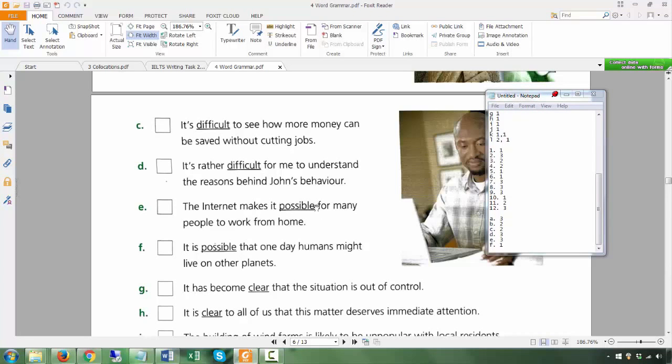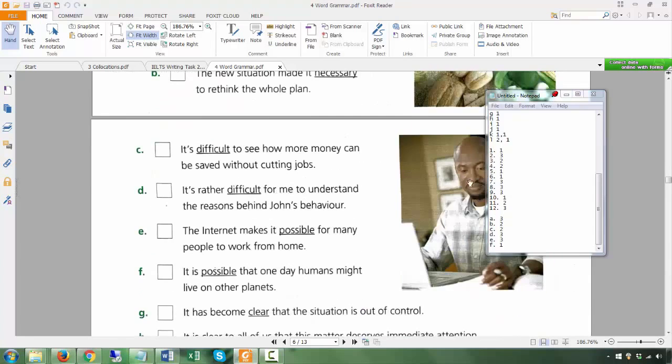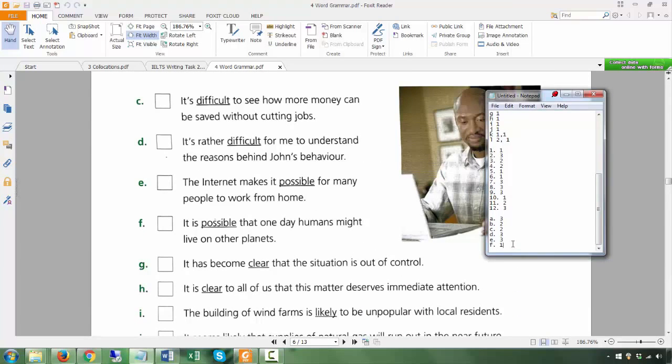Okay, so that and preposition, number 1 is that. And G will be clear. Again, you have the same words, so just to demonstrate to you that there could be more than one pattern. Clear that.